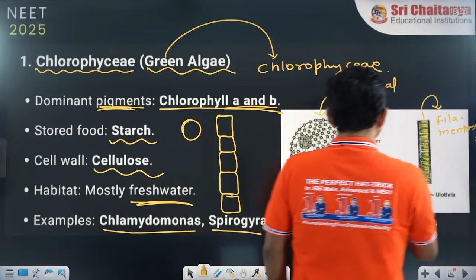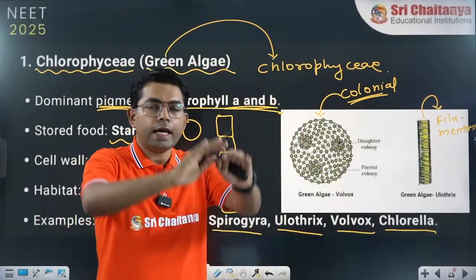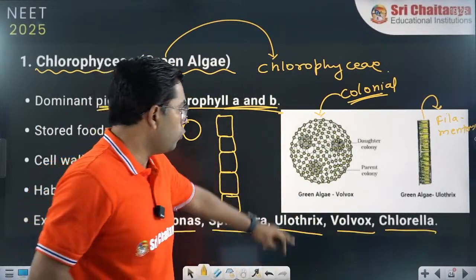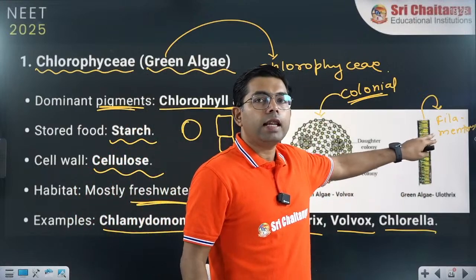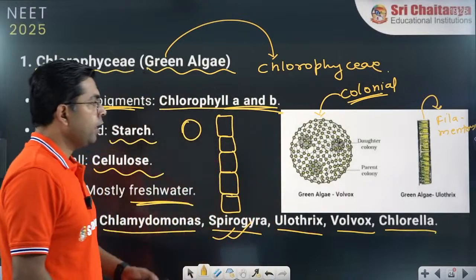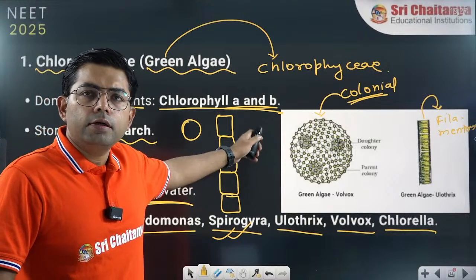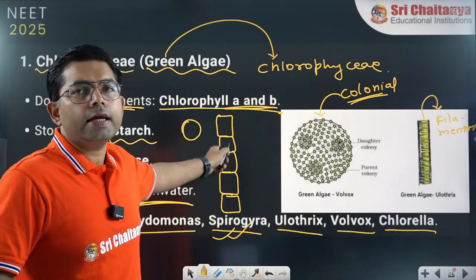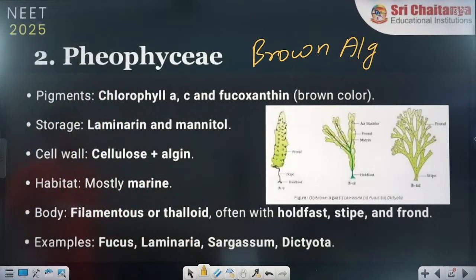And this one is colonial, means a colony is formed. A three-dimensional colony is formed. So Volvox is a colonial form. Ulothrix is the filamentous form. And these are the examples. So I think green algae is clear: pigment, then stored food, then their examples. These are important.